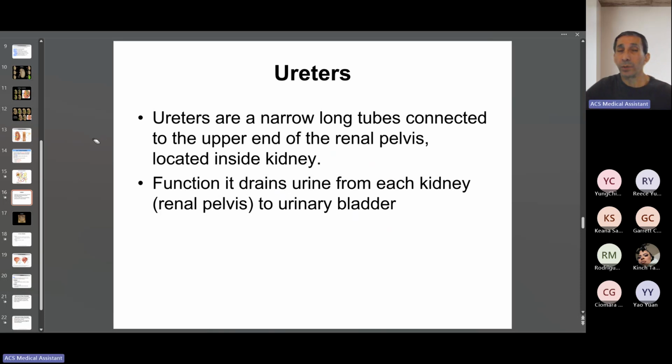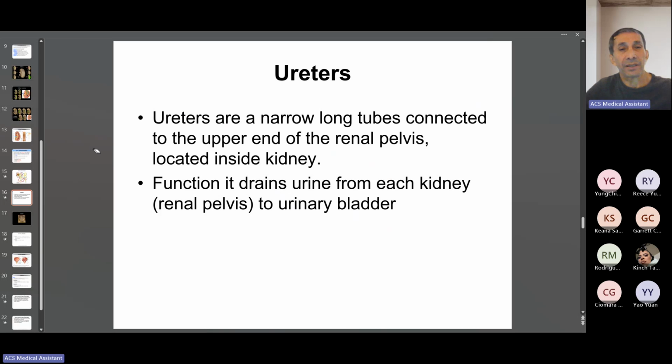Very simple. What is really complicated, or a little more complex, is the urine formation within the nephron, and the glomerulus, convoluted tubules, and all the different names that they receive.